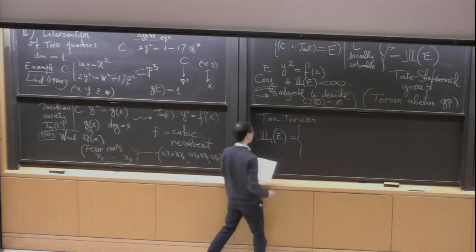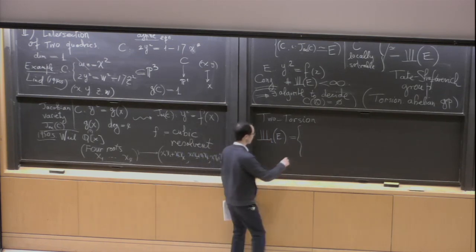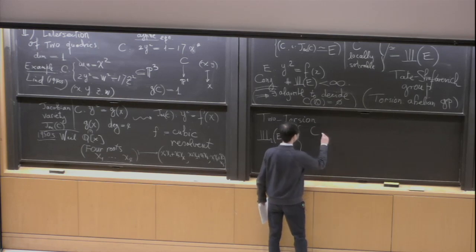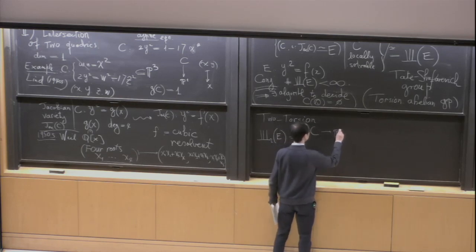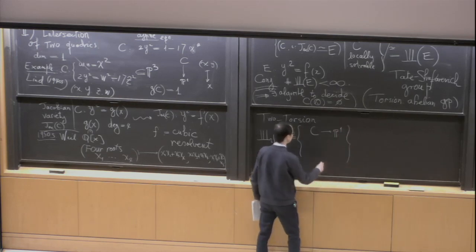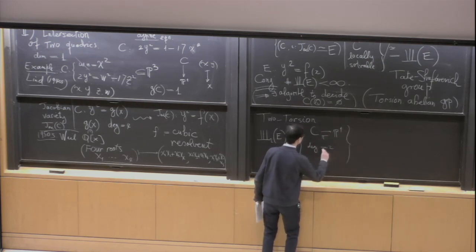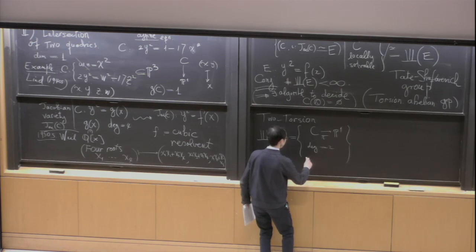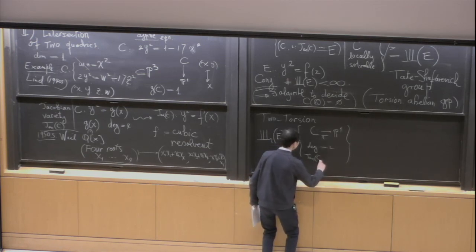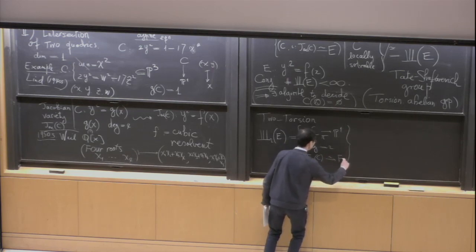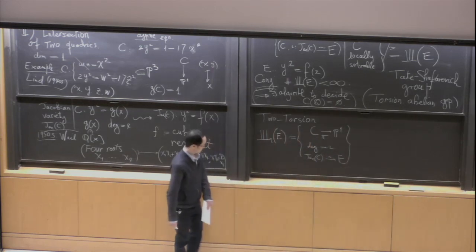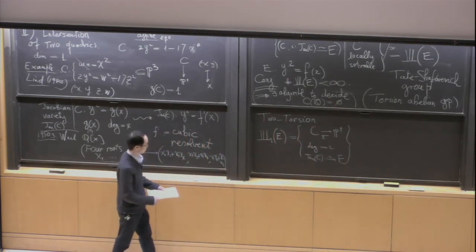I can give a more concrete description. So these are precisely hyperelliptic covers of P1, with pi of degree 2, where the Jacobian together with such an identification.